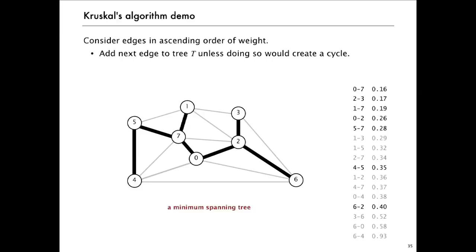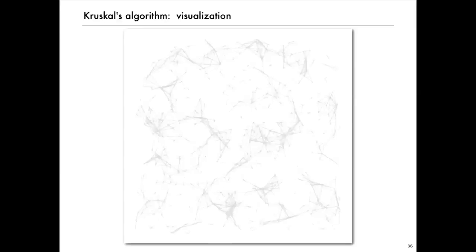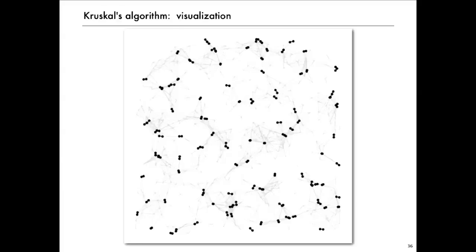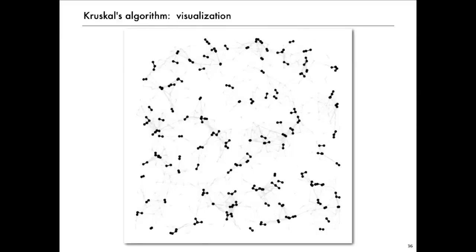Now let's look at what Kruskal's algorithm does on a very large graph. You get a good feeling for what it's doing. It's taking the small edges, and they coalesce together in little clusters, and eventually the edges get longer and longer, and they connect together the clusters. But initially, it's broken up into the very small edges.